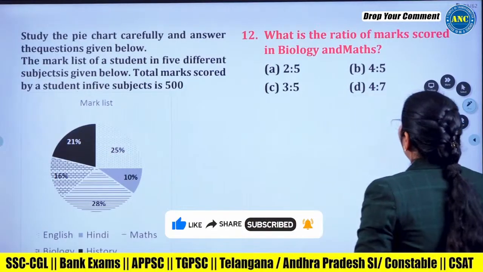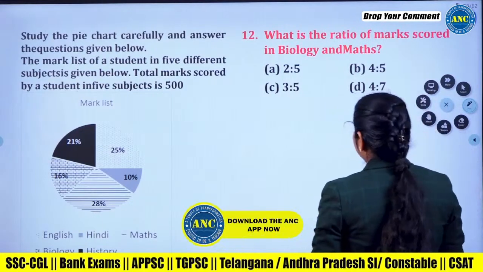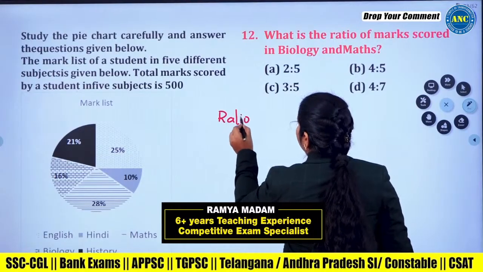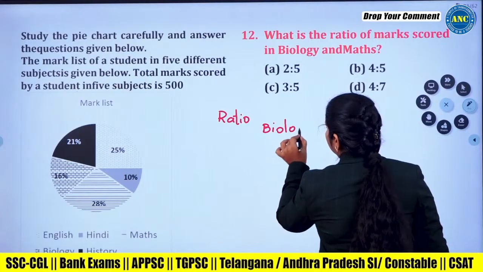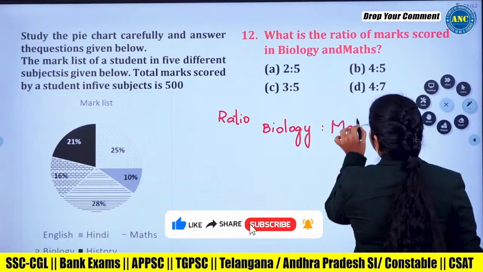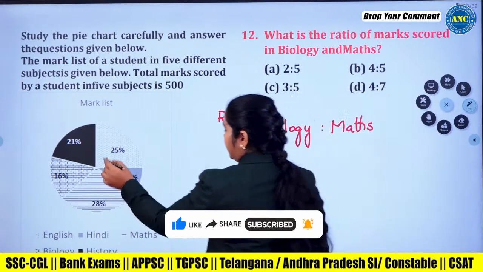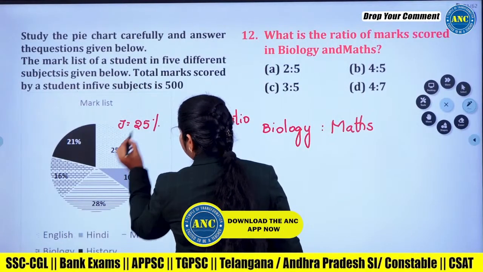What is the ratio of marks scored in biology and maths? They are asking for the ratio of marks scored in biology and maths. So, let me rewrite the data here.